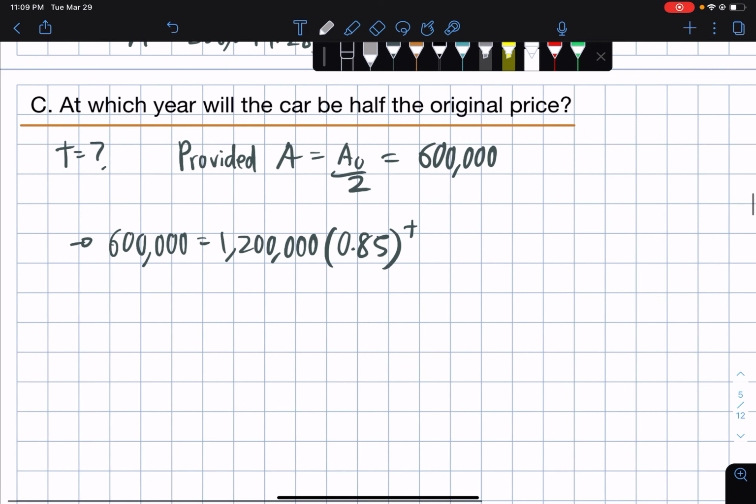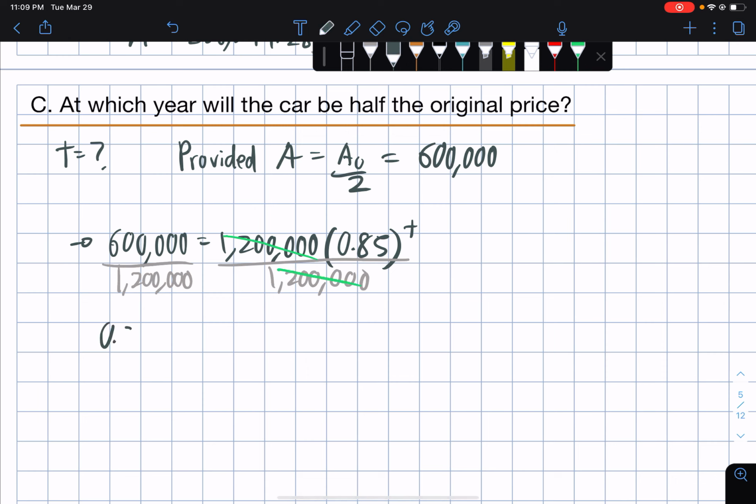So again, let's not simplify, let's not multiply them with each other. Let's divide both sides with this number. So cancel, we have 0.85 raised to t equals 1 over 2.